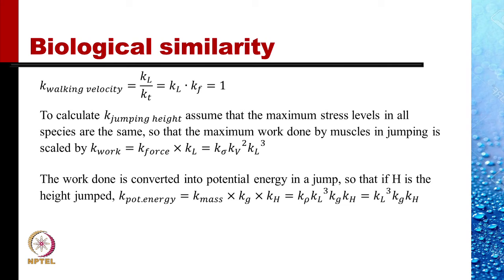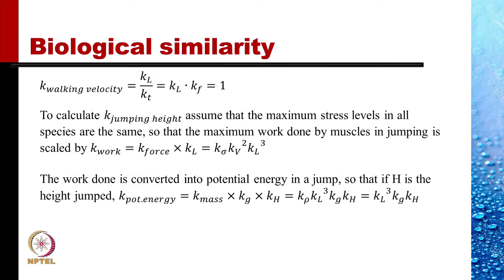This work done is converted into a potential energy in a jump, and if capital H is the height jumped, K potential energy is equal to K mass times Kg, the acceleration due to gravity, times Kh. And for K mass, we put K rho times KL cubed.